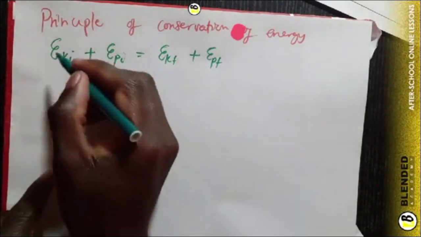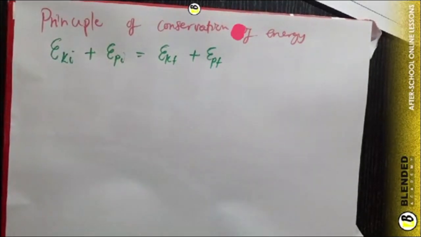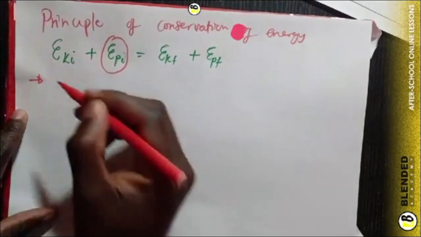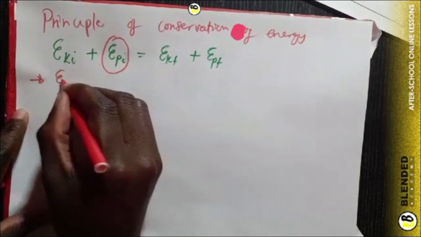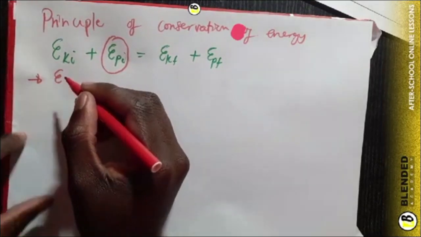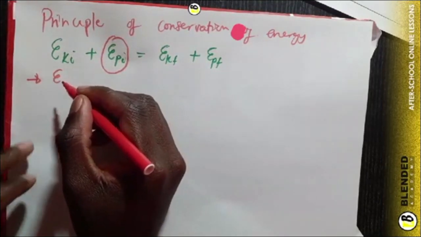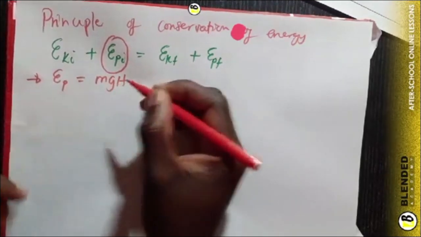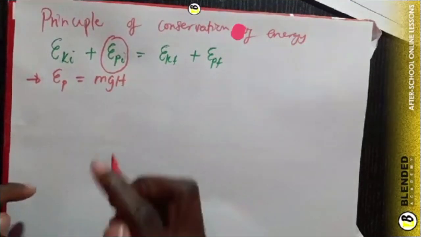And we've already covered kinetic energy. Let me just try to cover potential energy quickly here to show you what potential energy actually is, or how we can calculate it. All right. So it's given by mgh. So this is your potential energy.